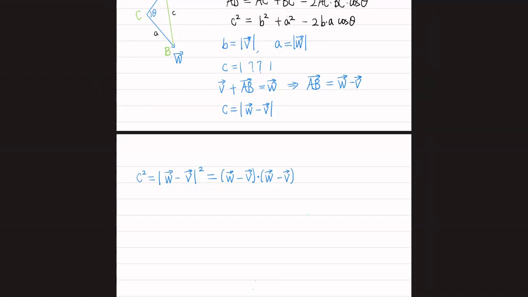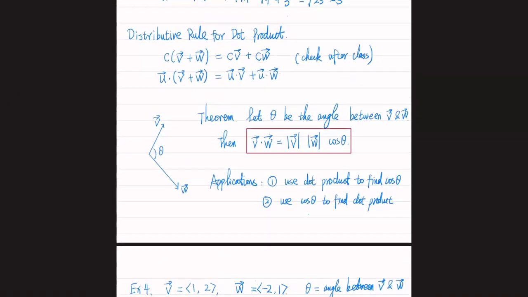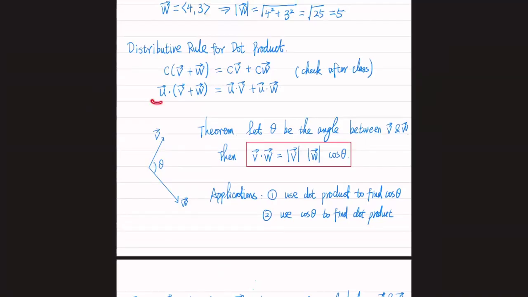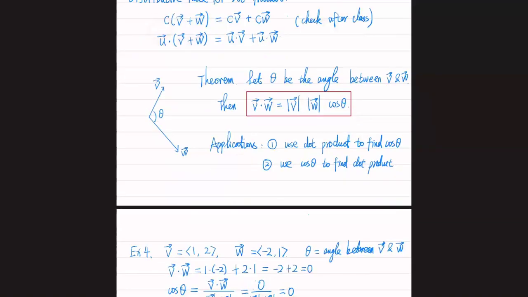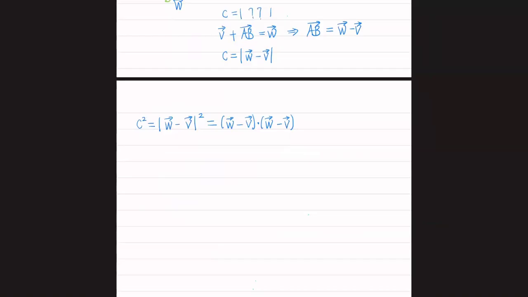Next, I'm going to apply the distributive rule. The dot product of a vector with a summation, we distribute, the same thing applies. We will apply the distributive rule to this too.